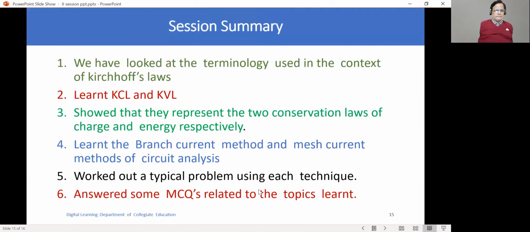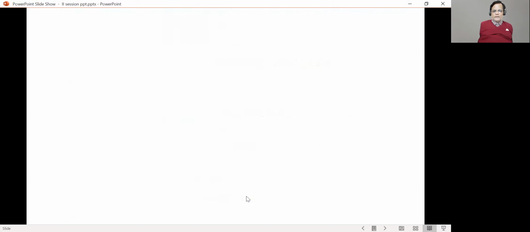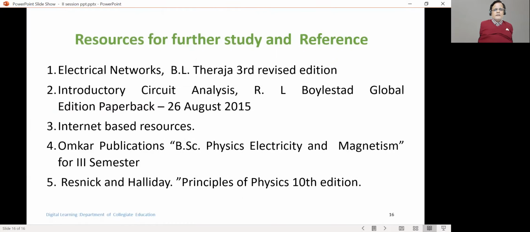Before we conclude, we can also look at suggestions for further reading. Some of the resources that you can tap into for further study and reference are Electrical Networks by B.L. Theraja, Introductory Circuit Analysis by R.L. Boylestad, and several internet-based sources, a large number of which are available.